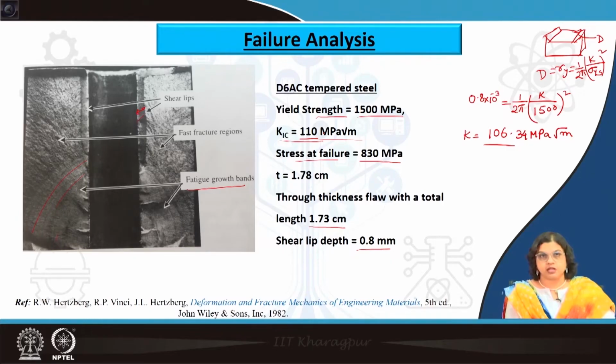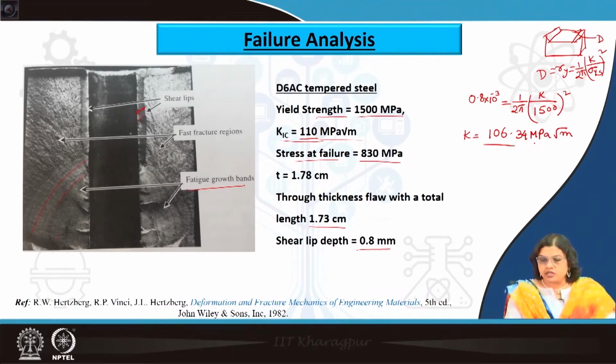So, there could be some other reason which we can figure out based on the failure analysis. But we can at least say that there are no other defects or anything that has led to a change in the behavior of the material. The expected value is being met by the fracture toughness value that we can determine right from the fracture surface itself.